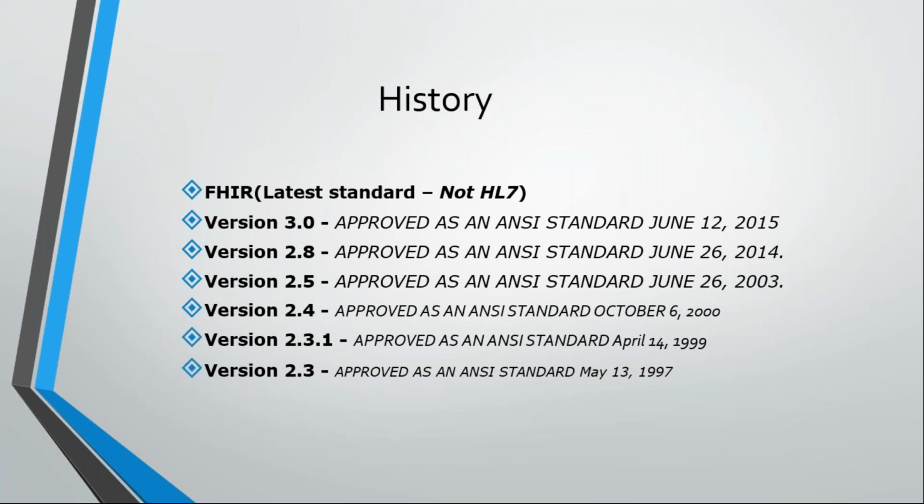FHIR was introduced with the concept of building APIs, and the way FHIR deals with data is totally different from the way HL7 is dealt with. HL7 is used for developing interfaces based on an event, whereas FHIR is used to develop integrations based on request and response. So both are totally different.